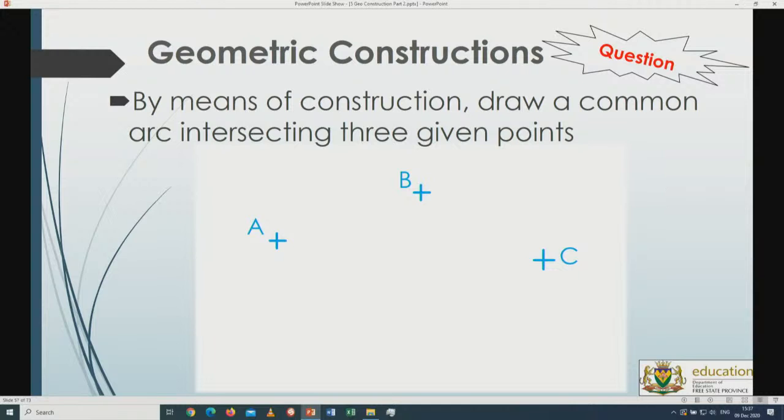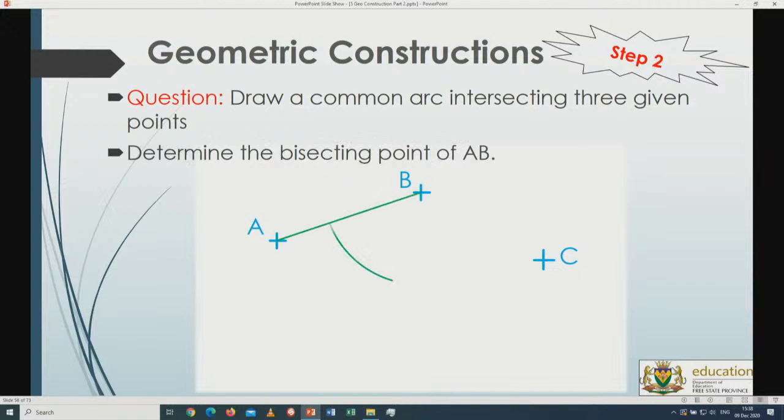Alright, now you can set your compass and you can try, but you will keep yourself busy for a whole afternoon trying to find that specific point. The easiest way is the following. Remember, it has to go through A, B and C. Join A with B and get the bisecting point, which is that point over there, and draw a line; somewhere on that line I will be working.